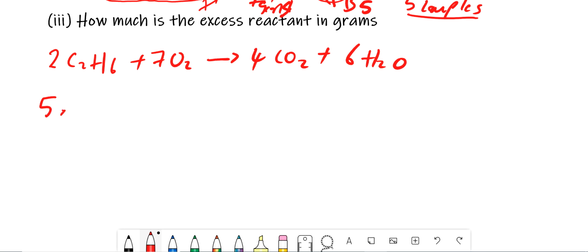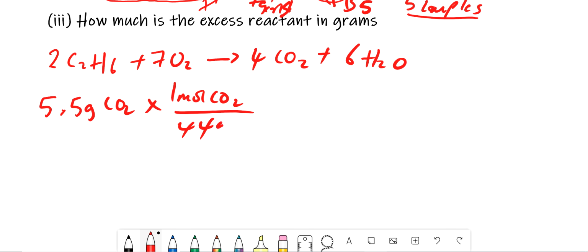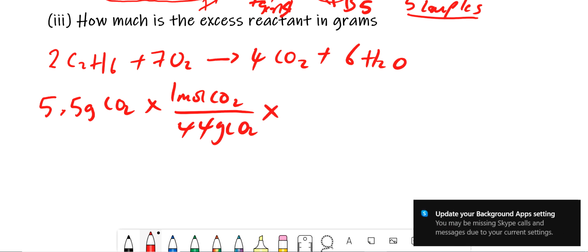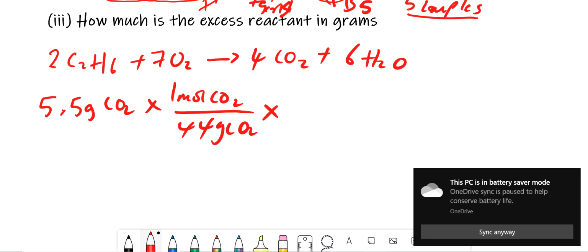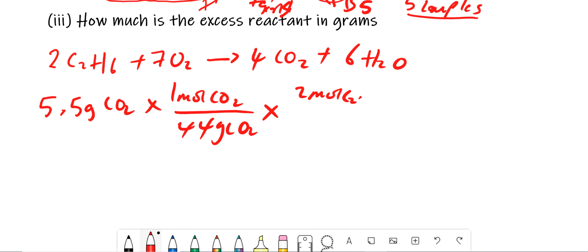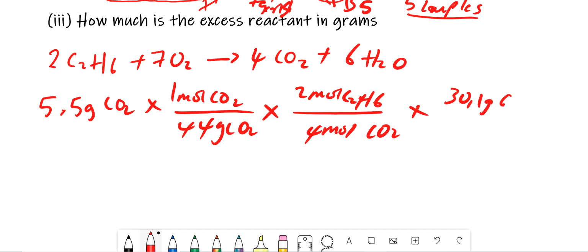Okay, so let's do that. We have 5.5 grams of CO2 multiplied by 1 mole CO2 over the molar mass, multiplied by the mole ratio, which in this case is 2 moles of ethane over 4 moles CO2, multiplied by 30.1 grams of ethane, that is the molar mass, per 1 mole of C2H6.